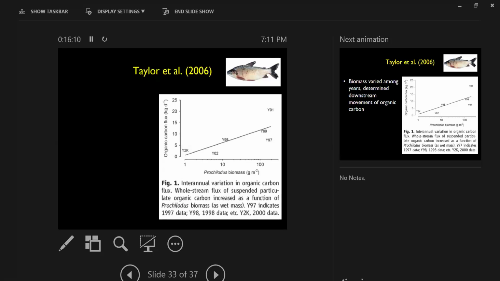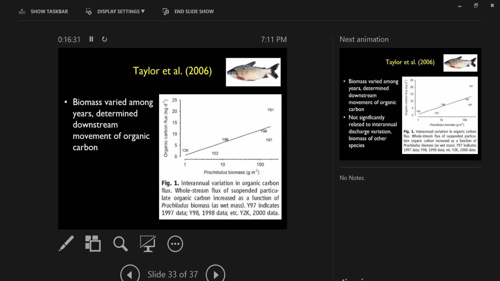They quantified the flux of carbon downstream in multiple years relative to the amount of biomass in that particular year. And in fact, there was a positive relationship. So when you have more of these species rooting around on the bottom feeding, there's more carbon moving downstream.